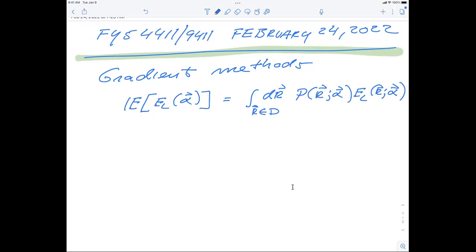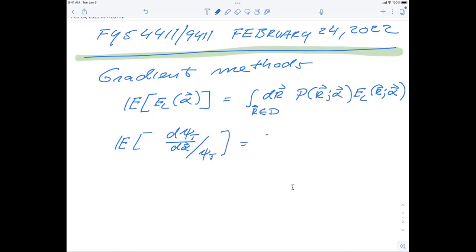We also need to evaluate the expected value of the trial wave function derivative. So another integral which we need is the expected value of the derivative of the trial wave function psi_T with respect to alpha, divided by the trial wave function itself.